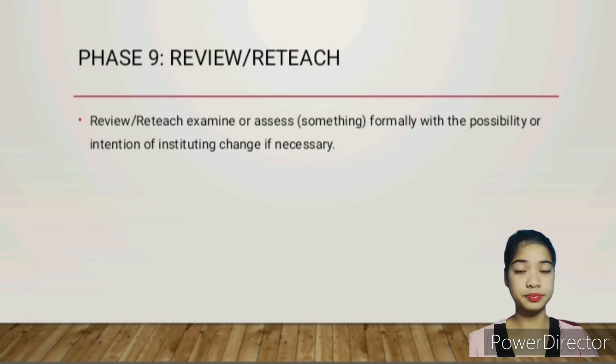So as you remember, in our high school days, even now in college, before we move on to the next unit, there is what we call a review. We review if we have understood and absorbed the topic well. Then an assessment happens, and we see where there is a lack of understanding. Therefore, there is reteaching. Reteaching happens to explain further so that everyone understands and can proceed to the next chapter.